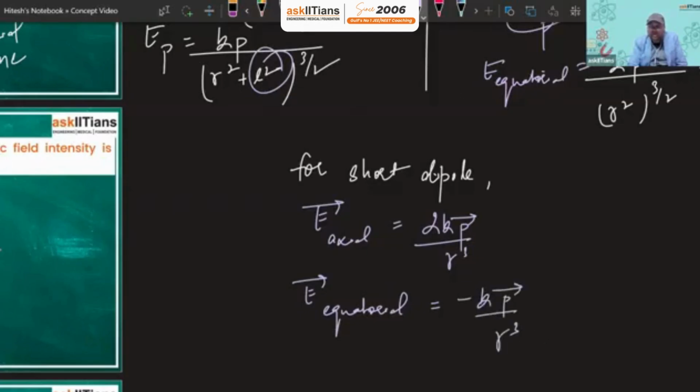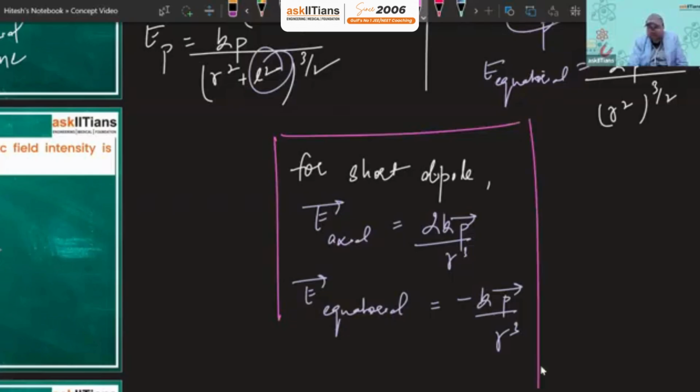So these become very important expressions from the examination point of view.